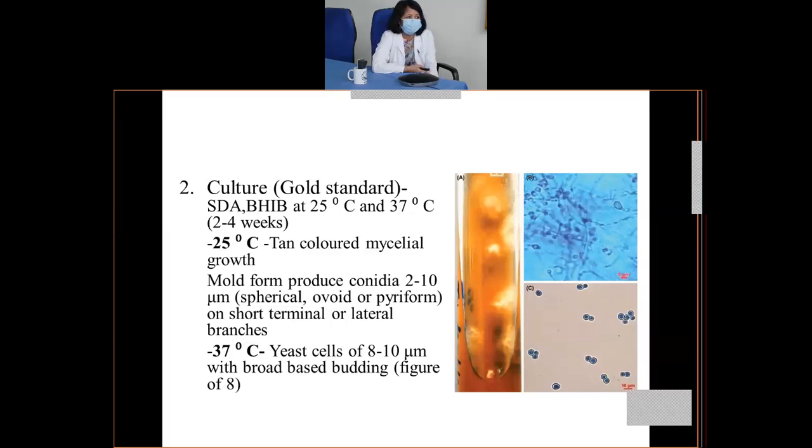One is 25 degrees centigrade and the other is the human body temperature of 37 degrees centigrade. And these samples are inoculated in SDA.